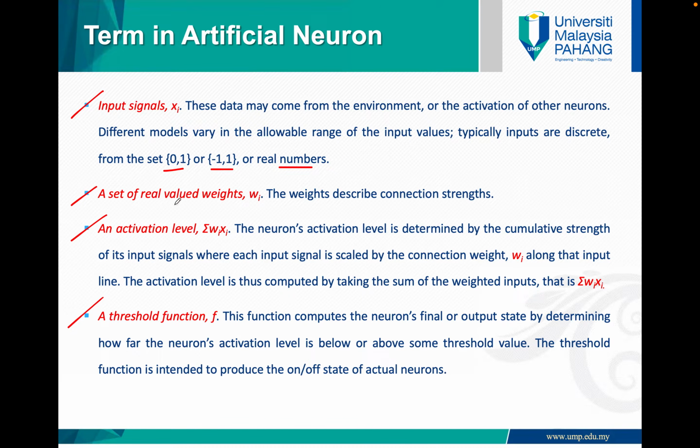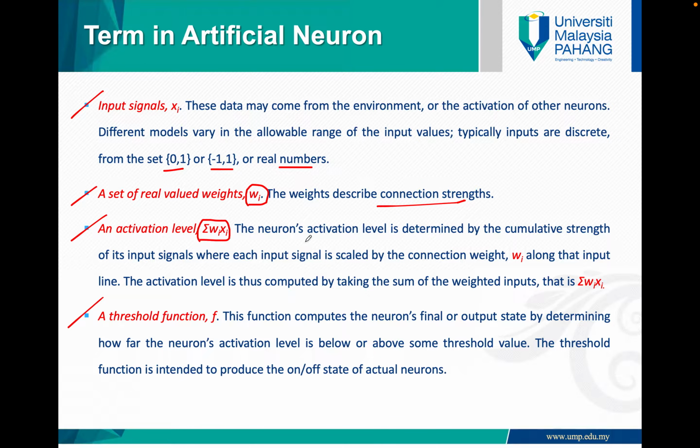And the second term is a set of real valued weights, or in a formula we use the symbol Wi. So the weights describe the connection strength of the network. And the third term is an activation level. This is what you include in the formula of your neural network.